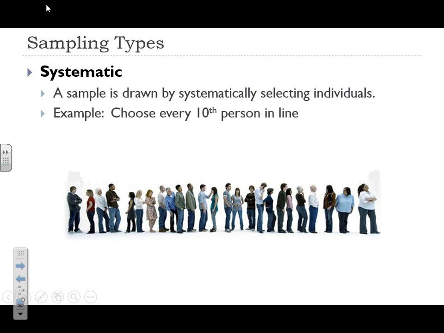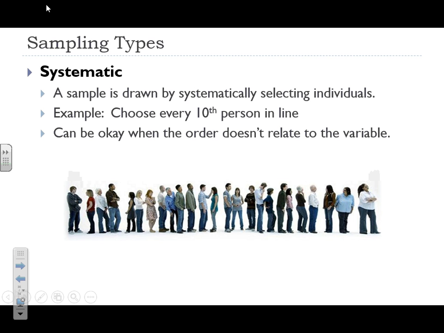Now with systematic sampling, you just need to make sure that the order your list happens to be in won't affect the outcome of your sampling. Okay?